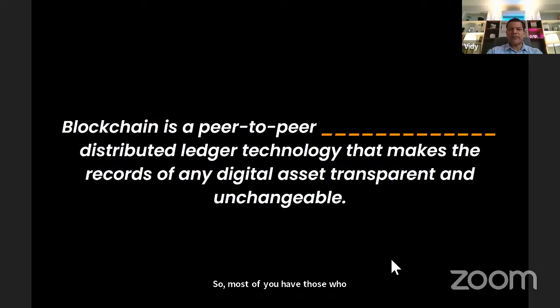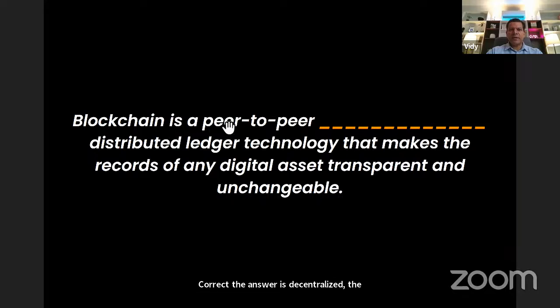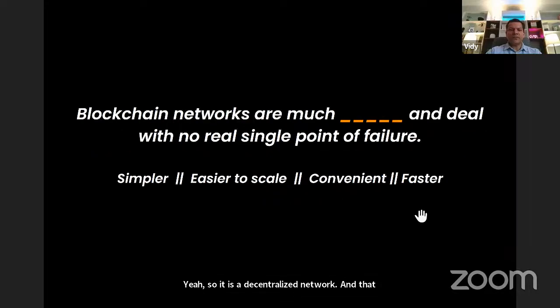The answer is decentralized. So blockchain is a peer-to-peer decentralized distributed ledger technology. It is decentralized because there is no single entity in control of the blockchain network. So it is a decentralized network, and that is the core feature of blockchain.